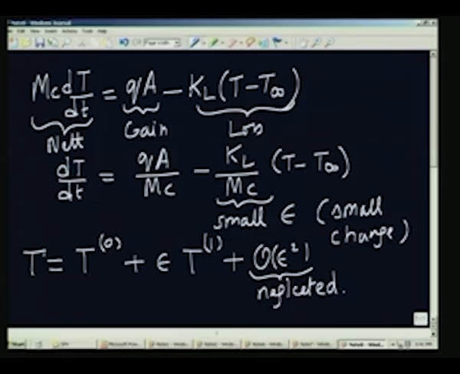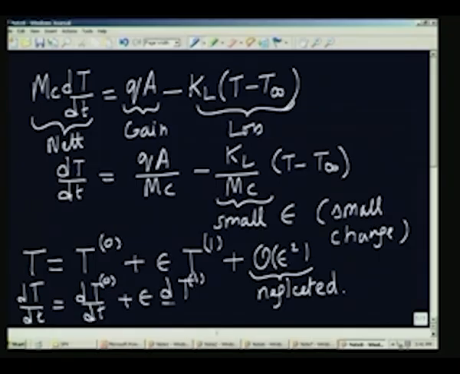So, all I have to do is substitute this into the equation, and then you will see that dT by dt will become dT0 by dt plus epsilon times dT1 by dt. The left hand side is going to become this, and on the right hand side I have got this, which is a constant, and this, which is of the order of epsilon. Therefore, this term must be equal to this, and the second term must be equal to the second term here.